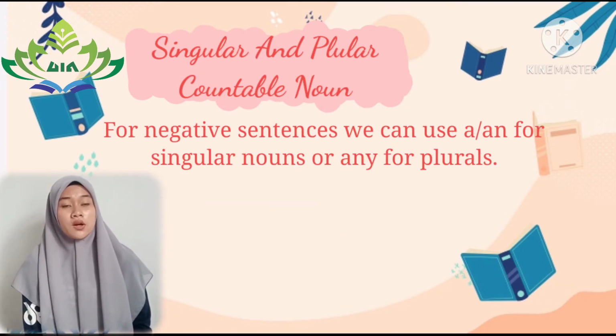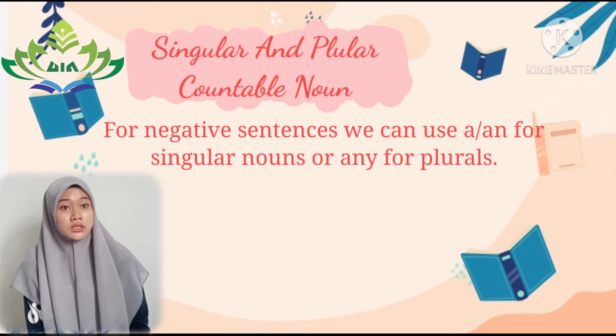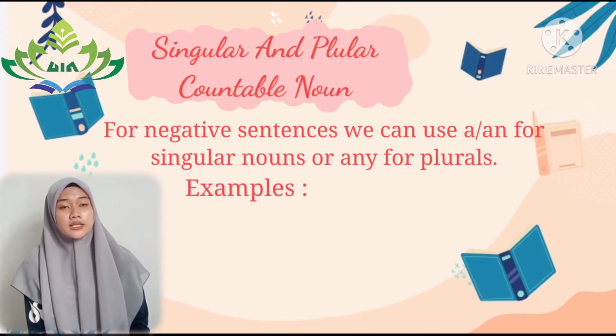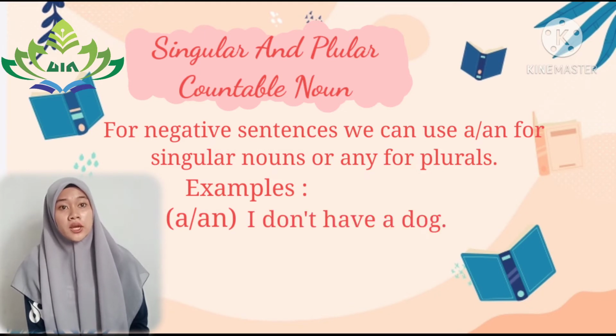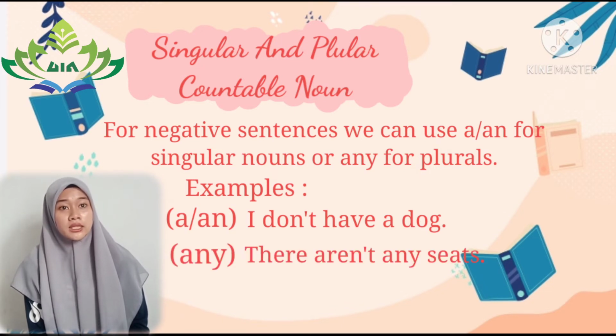For negative sentences, we can use a or an for singular nouns or any for plural nouns. Example, a or an: I do not have a job. For example, any: there are not any.